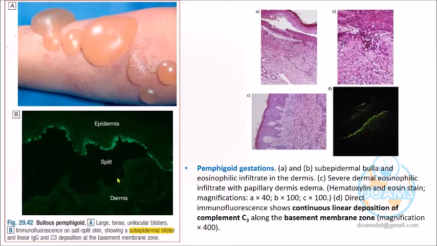Conversely, pemphigoid lesions are in a deeper position, at the dermo-epidermal junction. In this situation, the bulla may be intact. A very simple touch cannot burst or destroy it.